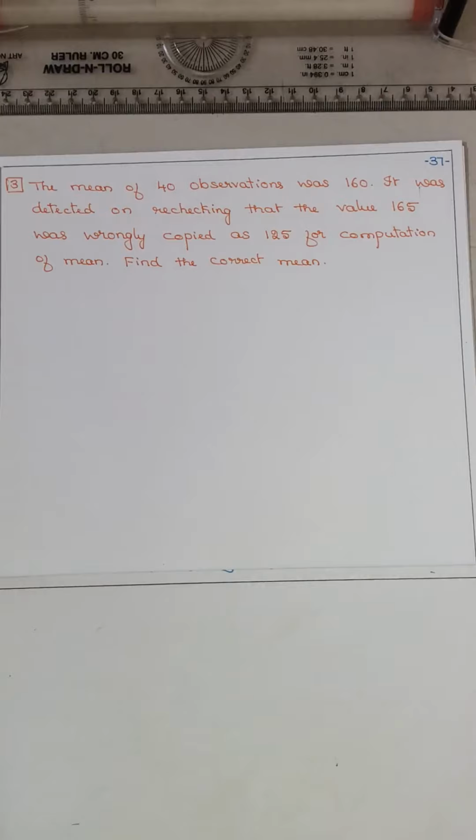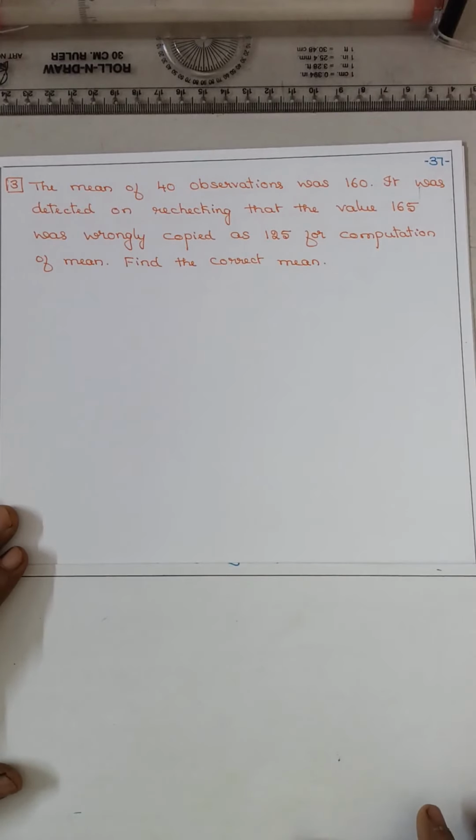Okay. Now coming to the third question, it is the mean of the 40 observations was 160. It was detected on rechecking that the value of 165 was wrongly copied as 125 for computation of mean.